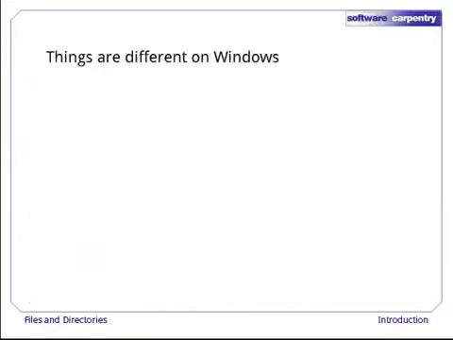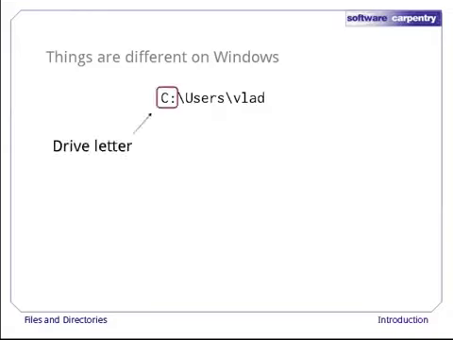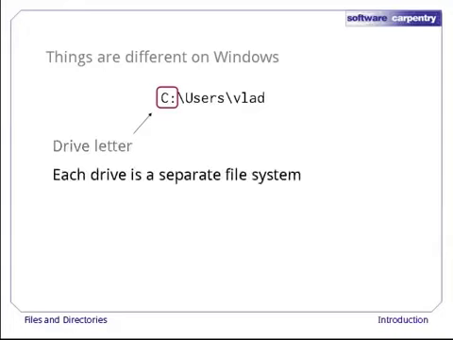Everything we have seen so far works on Unix and its descendants, such as Linux and Mac OS X. Things are a bit different on Windows. Here's a typical directory path on a Windows 7 machine. The first part, C:, is a drive letter. This notation dates back to the days of floppy drives, and even today, each drive is a completely separate file system.